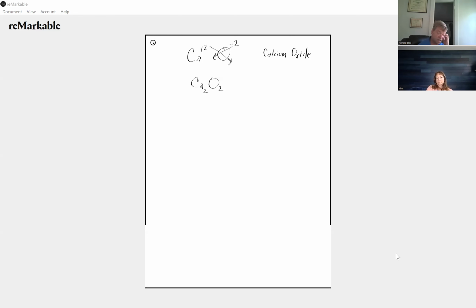In ionic compounds, when you have a common denominator, you always reduce to the lowest common denominator. So Ca2O2, while formally correct, would still be marked wrong on an exam because you left a common denominator. So always, always, always get rid of that common denominator in an ionic compound.